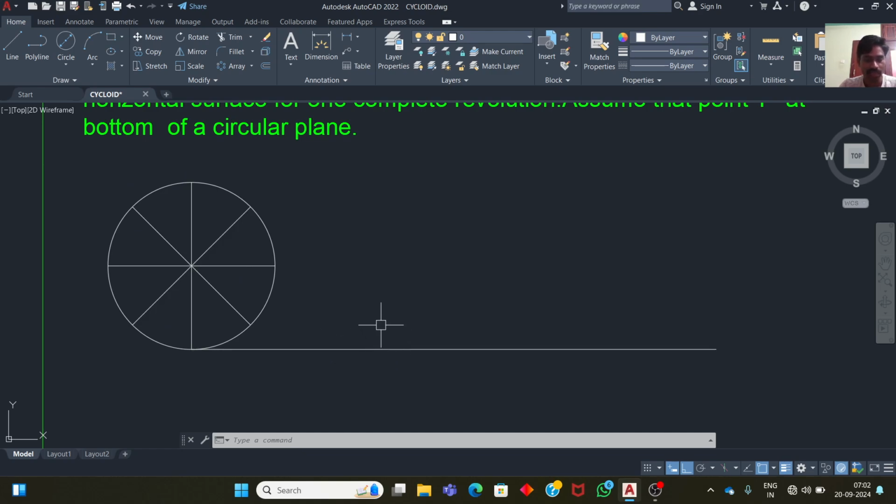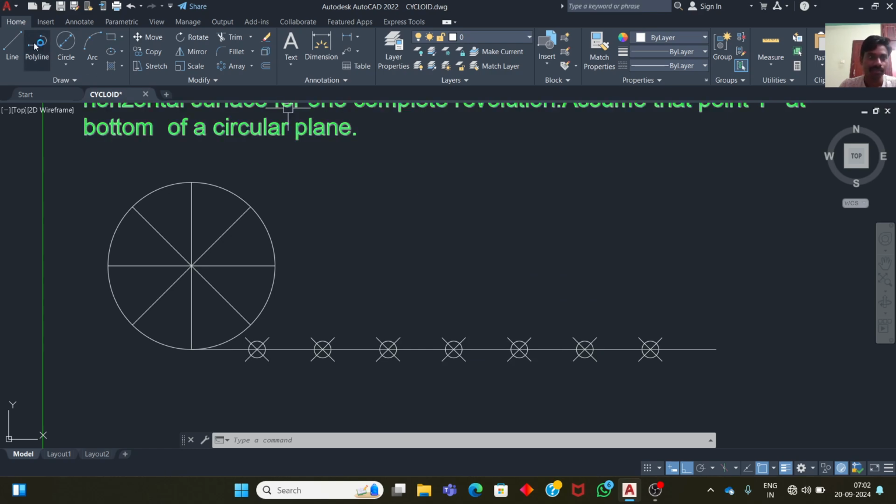For that we have a command, that is divide. Using divide, select the object and enter the number of segments, 8. Enter. So this line is also divided into 8 equal parts.